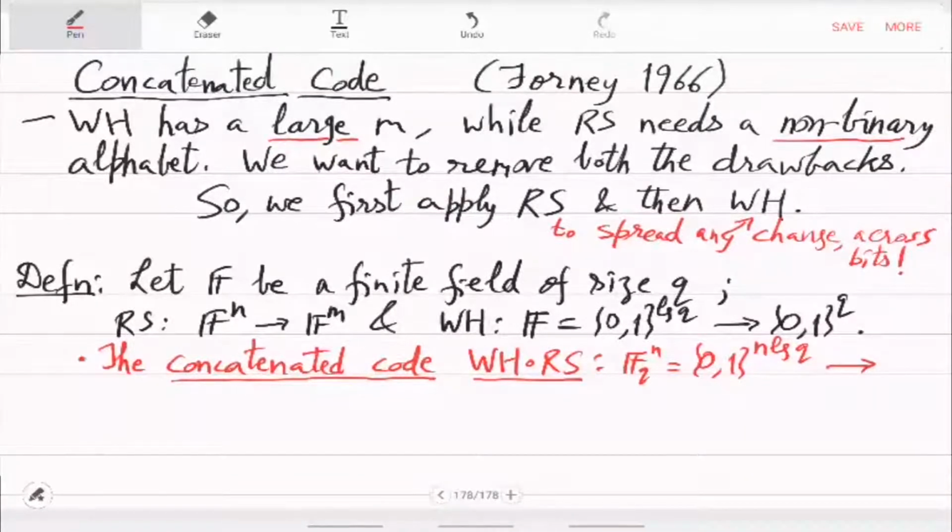So, first f to the n is mapped to f to the m, and then each field element is mapped to a longer string which is q long. So, you get qm.